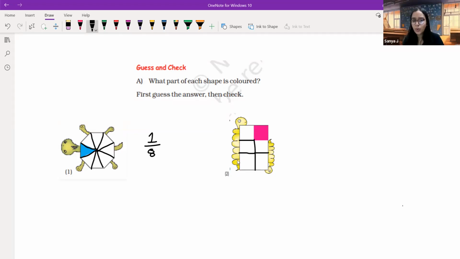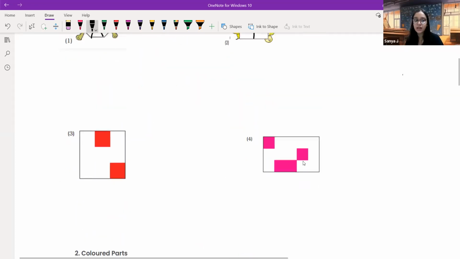It's not that clean, but if we make it carefully, we will get a total of 1, 2, 3, 4, 5 and 6 squares. And out of 6, how many are shaded? 1 is shaded. So what's going to be the fraction? Yes, 1 out of 6. Absolutely correct. Let's move on to the third and fourth part now.